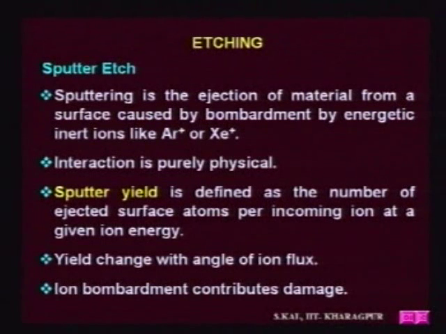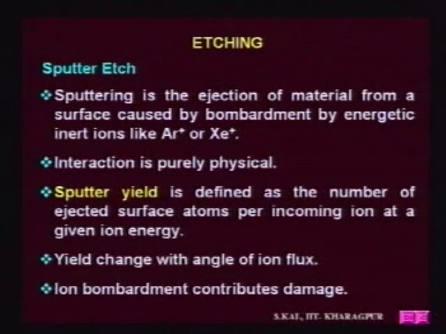That means one ion is hitting the surface, and how many atoms come out from the surface per incoming ion. That is known as sputter yield, and it is expressed as a percentage. You can get that value by multiplying the ratio by 100.